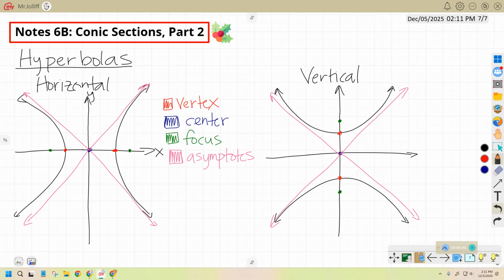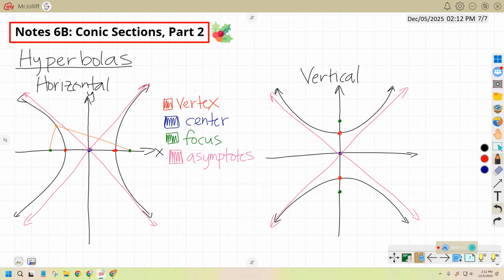The focus, remember like the parabola, when I had a parabola yesterday and I had the directrix and I had the focus, and the shape was defined by any point having the same distance from the focus that it does from the directrix? Hyperbolas have a similar definition, except it's looking at the distance between any point on the curve and each of the foci.